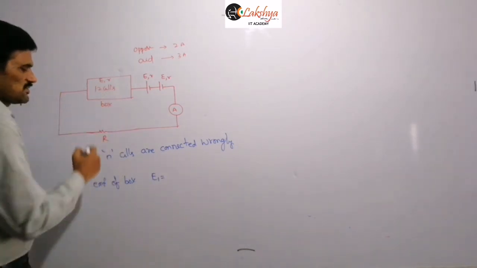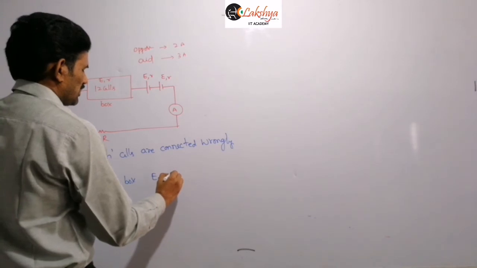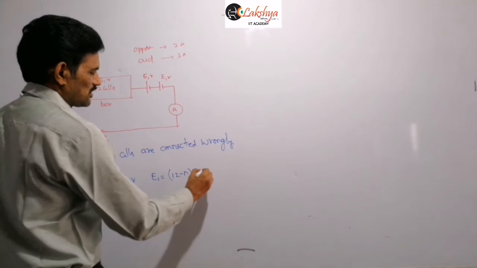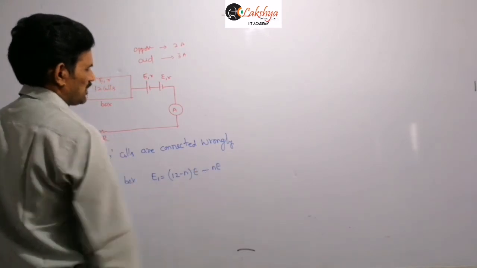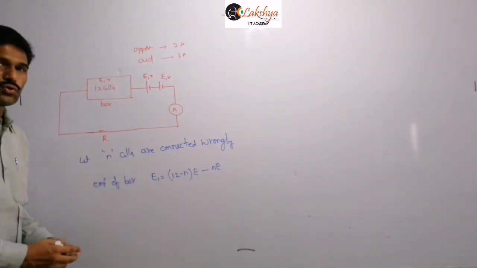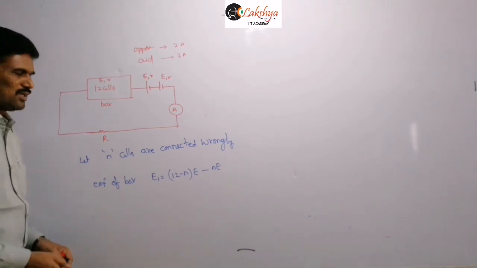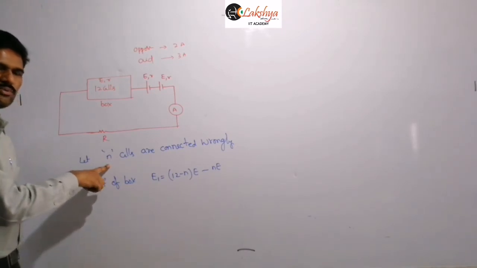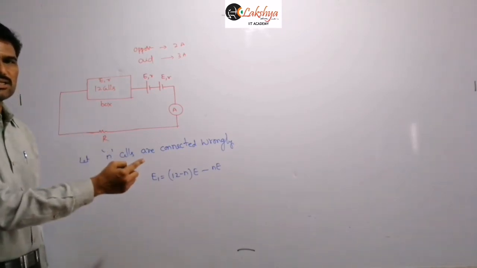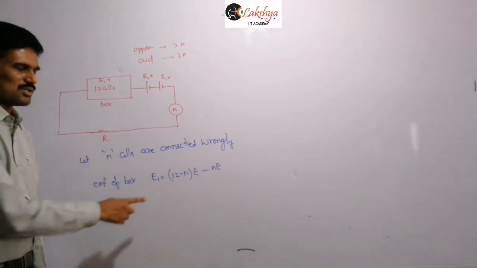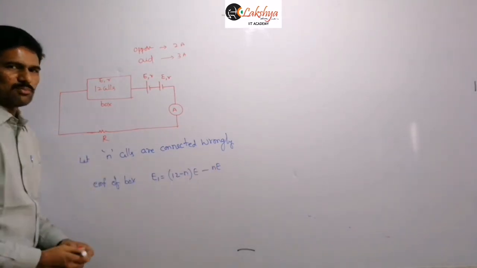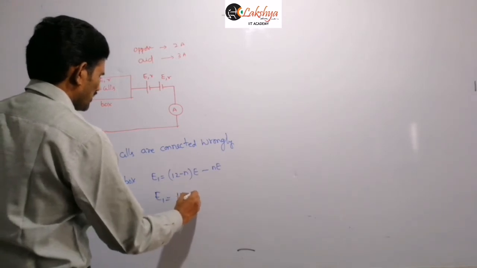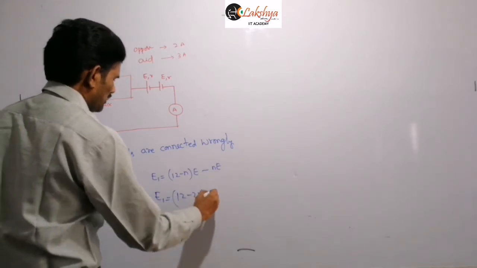So 12 minus n cells, their EMF will be in one direction, and n cells' EMF will be in the opposite direction. That is the case of wrongly connected cells we discussed already, right? So out of these 12 cells, n cells are connected wrongly means 12 minus n cells are connected correctly. So their EMF will be in one direction and these n cells' EMF will be in the opposite direction, so this value we can express as 12 minus 2n into E, right?